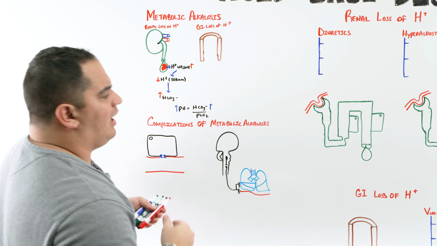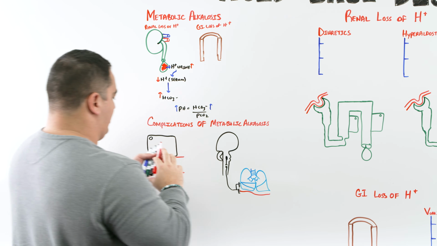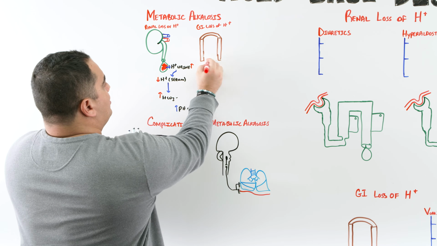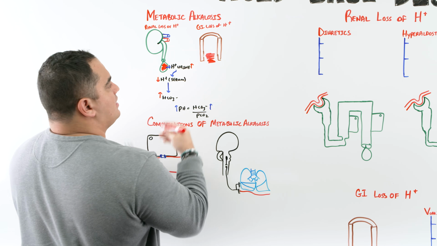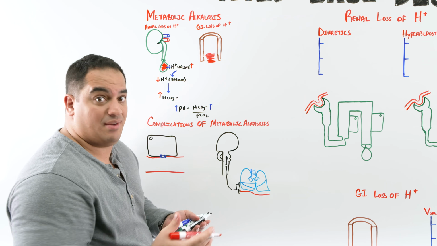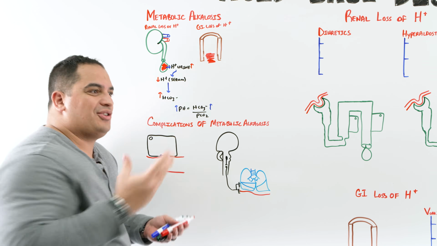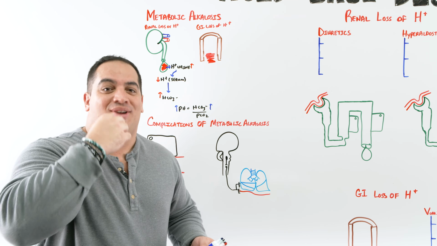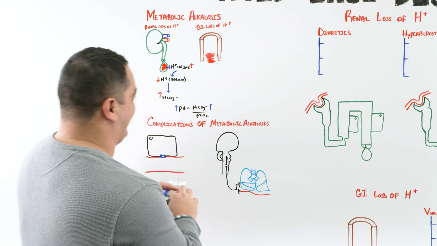Now, whenever you're losing a lot of these protons from particularly the GIT, you're gonna have lots of these protons lost within your feces, or maybe unfortunately, lots of these protons lost in your gastric acid. That's usually the example here.